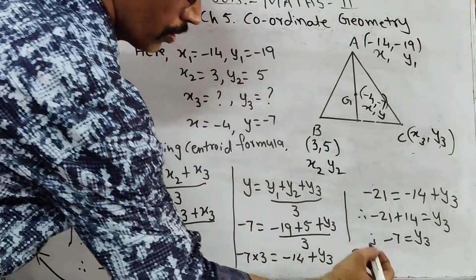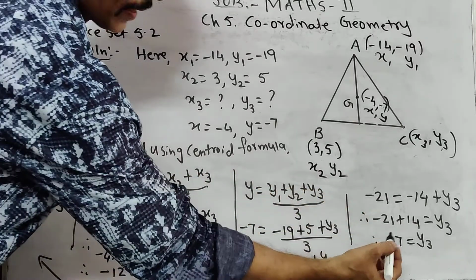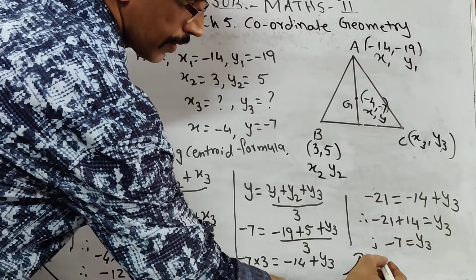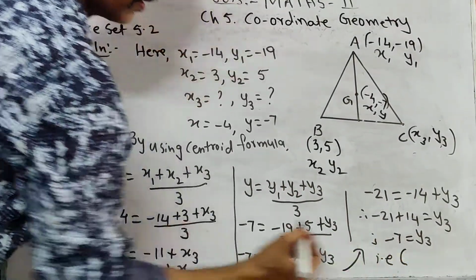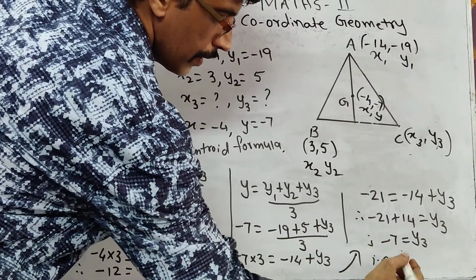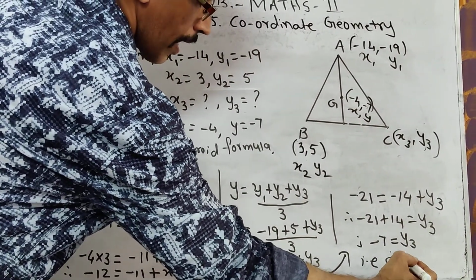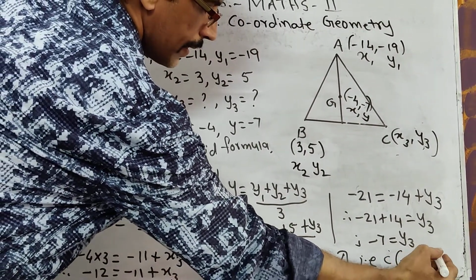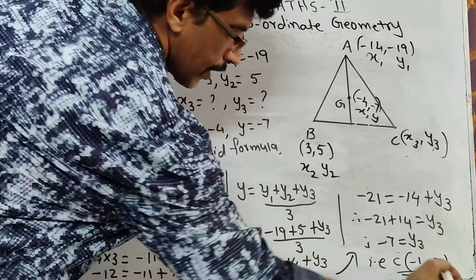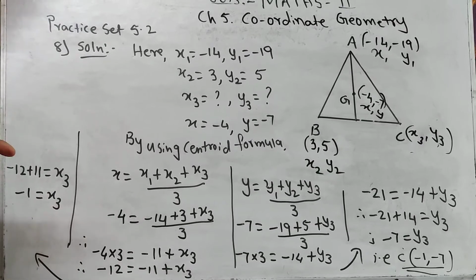And therefore, you got x3 minus 1, y3 minus 7. That is, C coordinate you got. C coordinate is minus 1, comma, minus 7. So here you got the answer of C coordinate. Very easily you are getting the answer of C coordinate also.